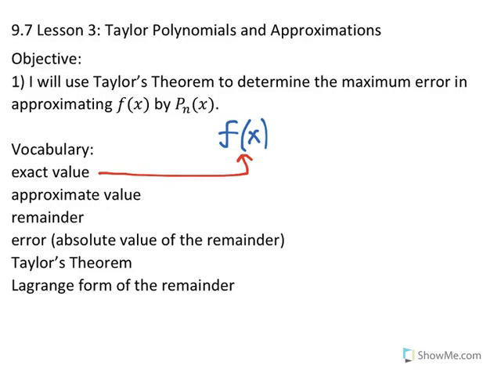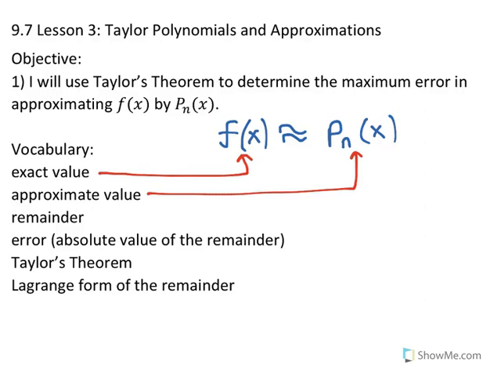So we can approximate the value of the function at a particular x value by evaluating our nth degree Taylor polynomial centered at c for our function f at the same x value. So this is called an approximate value, because we're evaluating our nth degree Taylor polynomial centered at c that approximates the function f at that x value.